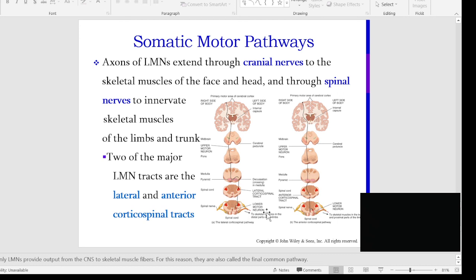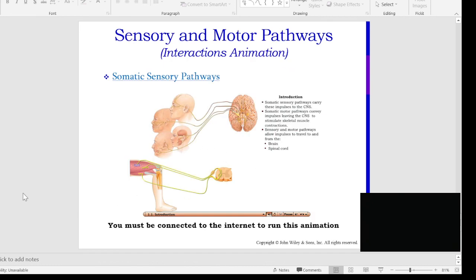But if it uses the lateral corticospinal tract, from the cortex it descends to the medulla oblongata, crosses there, then goes to the level in the cord, C5, then the effector organ. So the crossing of motor is different from that of sensation. That is the sensory and motor pathway of the somatic nervous system.